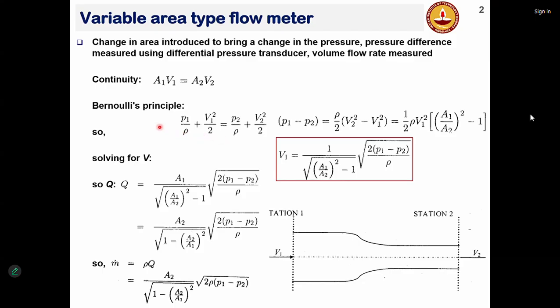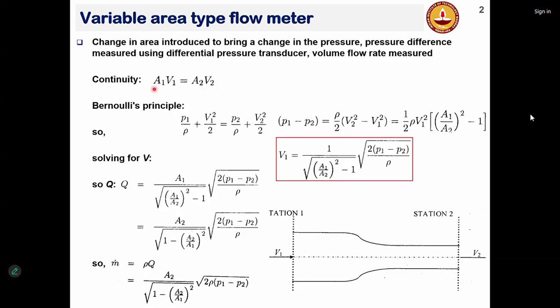Now, when you write down Bernoulli equation here, the pressure head plus velocity head is constant. So you can write the pressure difference between station 1 and station 2, P1 minus P2, as rho by 2 into V2 square minus V1 square. Now, if I substitute for V2, so here you can see A1 V1 is A2 V2.